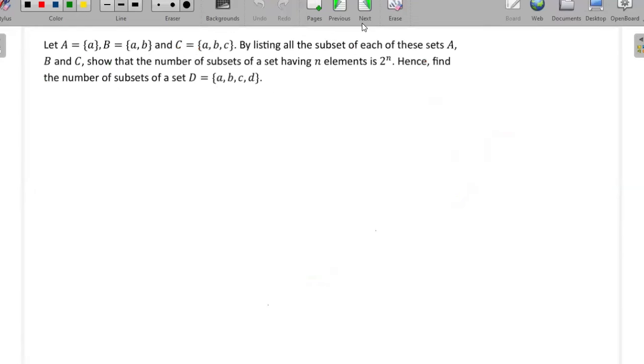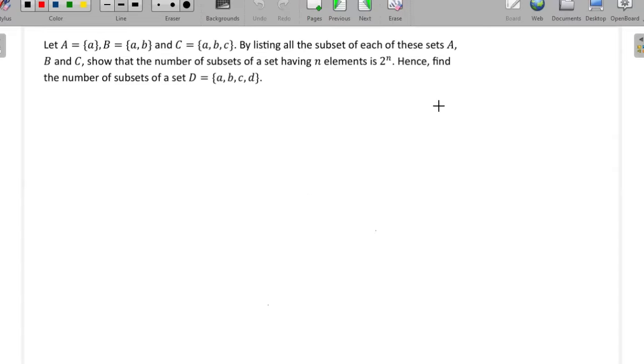Okay, so we move now to the next question here. Still on the same concept. I just want you guys to actually assimilate the concept. So this one is saying, let A be the set having A, B having A and B, C having A, B, C. By listing all the subsets of each of the following sets A, B, and C, show that the number of subsets of a set having n elements is equal to 2 to the power n.